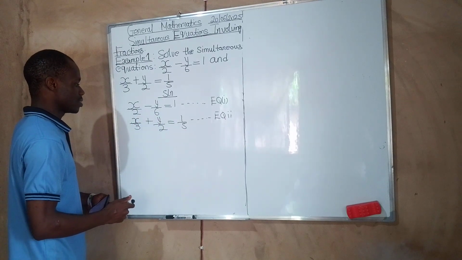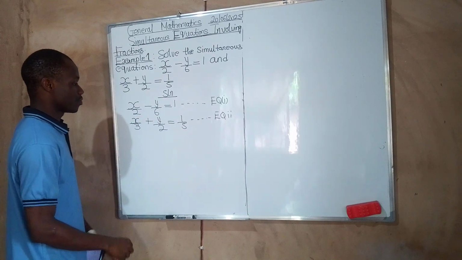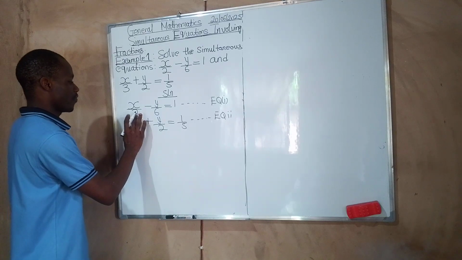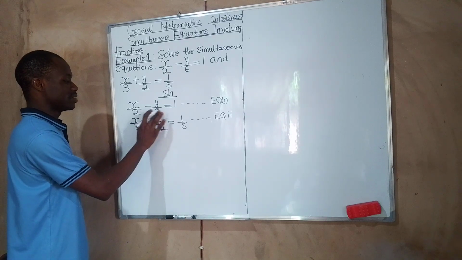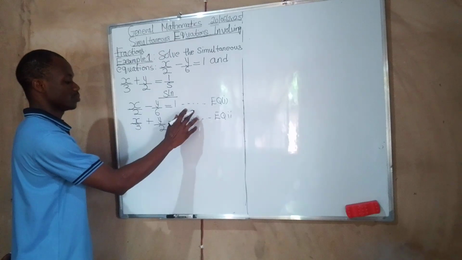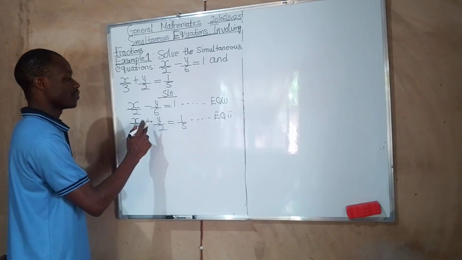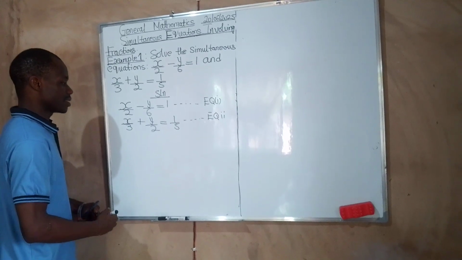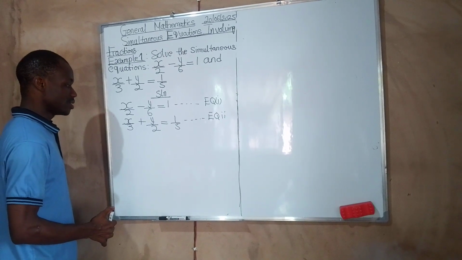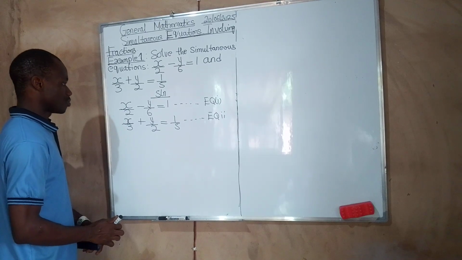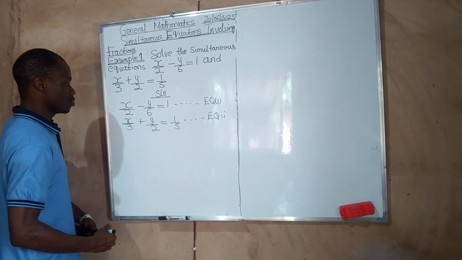We do that by finding the LCM of the denominators and multiplying them through by the LCM.